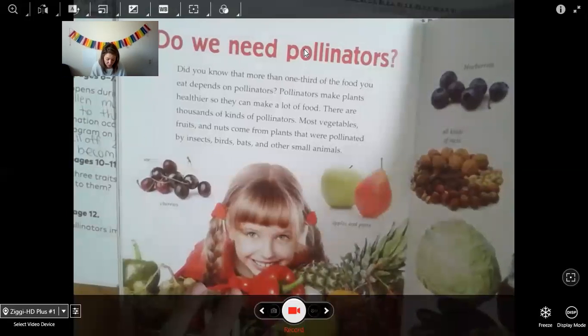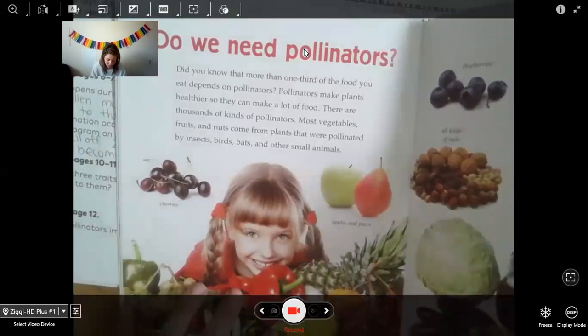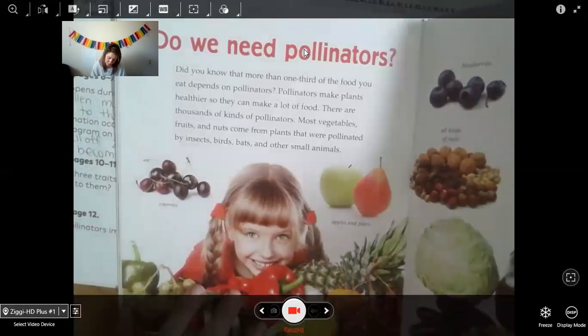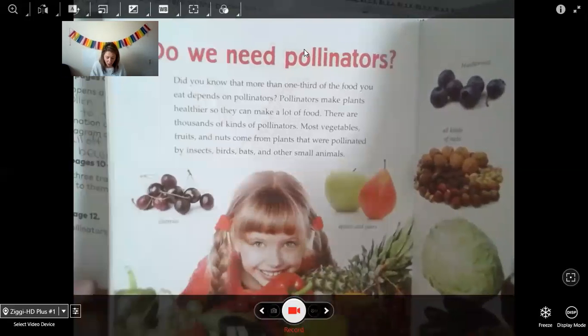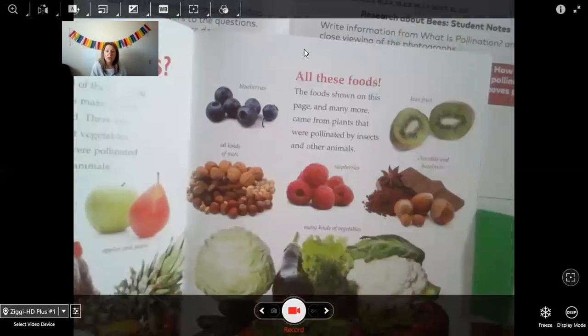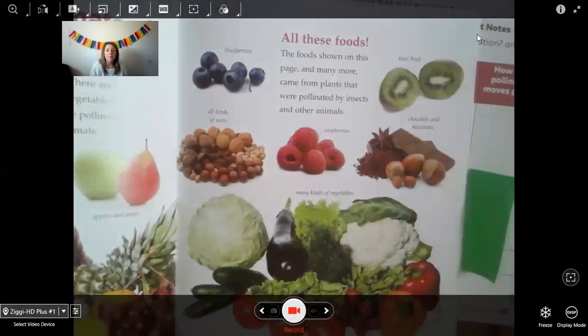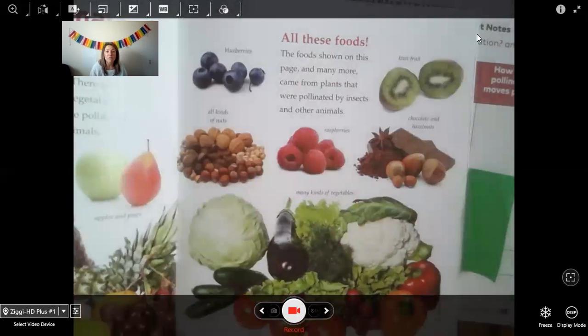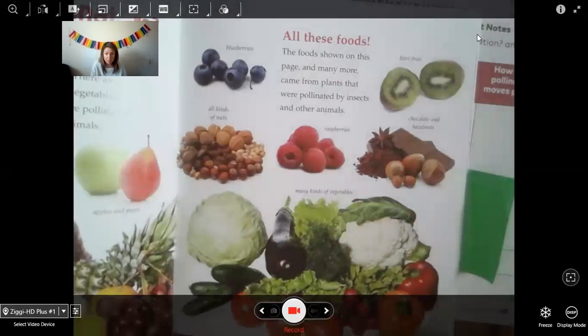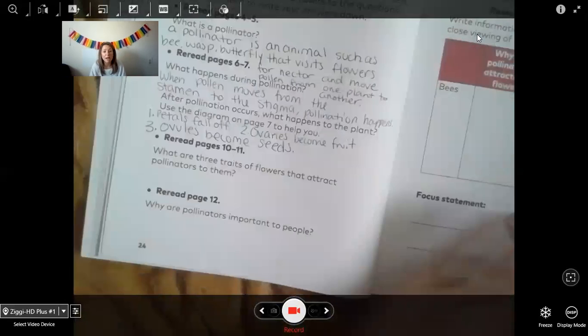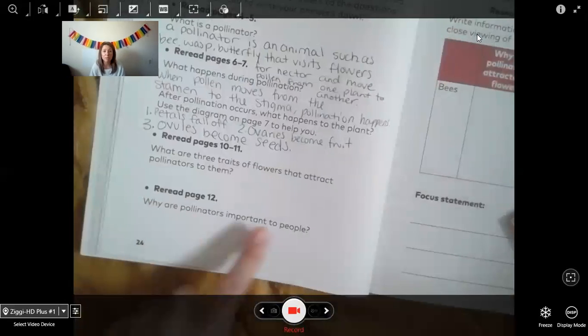Most vegetables, fruits, and nuts come from plants that were pollinated by insects, birds, bats, and other small animals. All these foods, the foods shown on the page and many more came from plants that were pollinated by insects and other animals. So friends, you're going to type in your response to why are pollinators important to people.